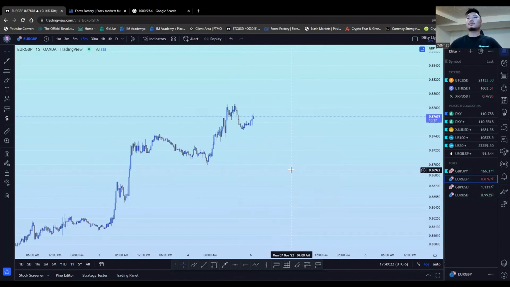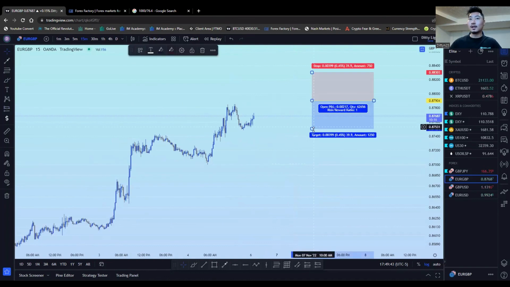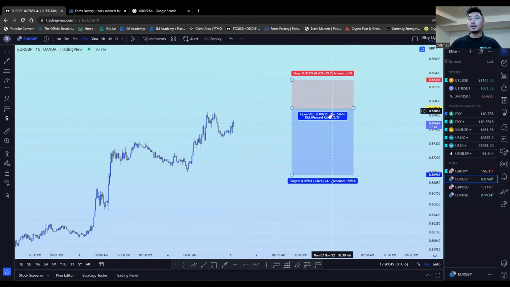Also, if you're entering a trade on MT4 and it doesn't work, sometimes it's because the information that you entered in your MT4 is not correct. For example, you have a sell limit here, but in the MT4 you enter a sell stop.